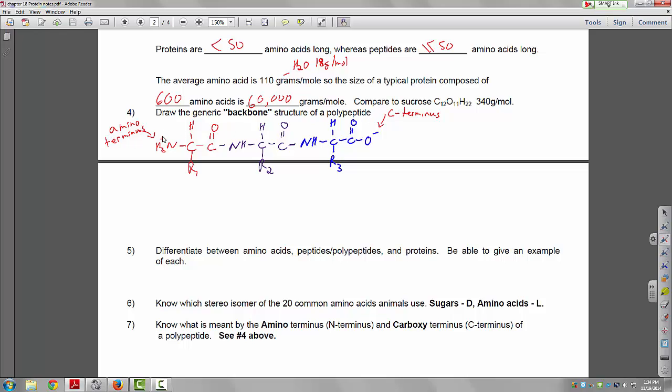You read left to right, and they're typically drawn amino to carboxy, so A to C, also alphabetical. The peptide bonds are these amide bonds here. These are actually amide bonds, but when we're dealing with proteins, we refer to these as peptide bonds.